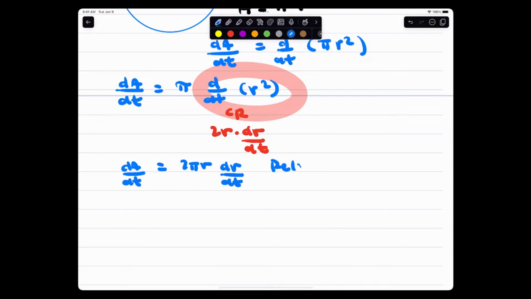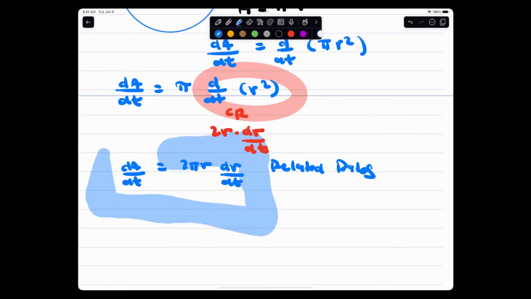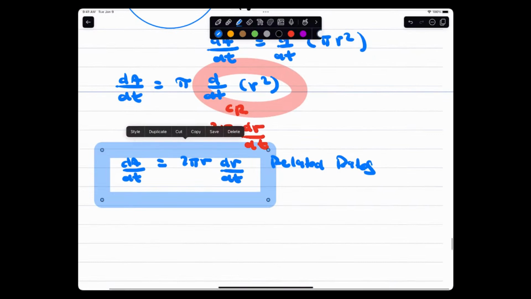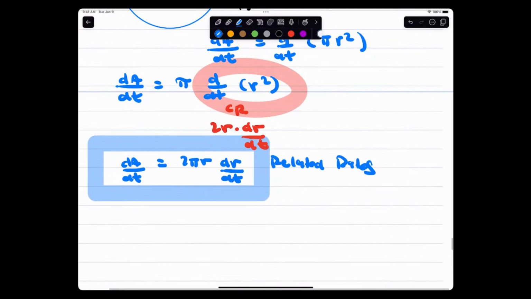Related rates. Okay, you guys okay with that? 2 pi r dr/dt.